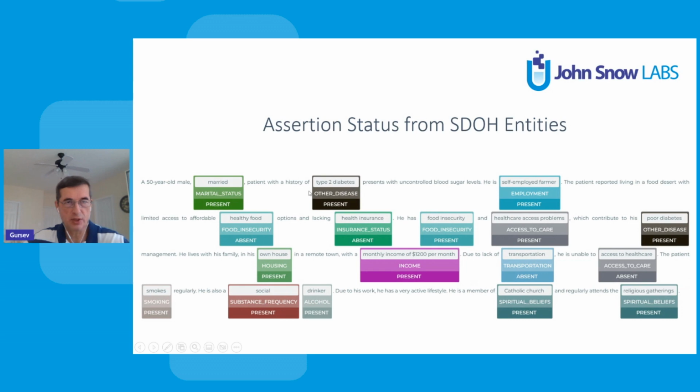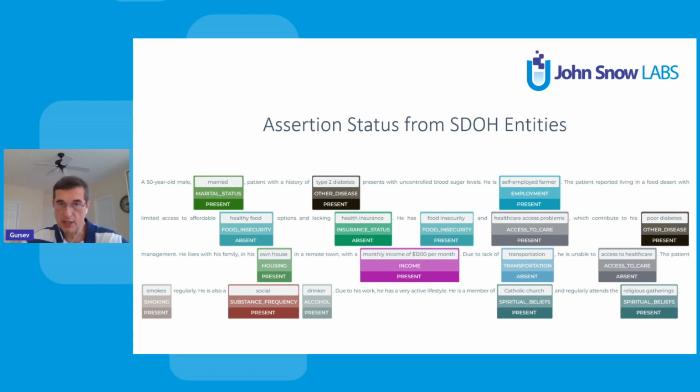And then comes the assertion model, and the second label is performed by the assertion model, which labeled it as present. So let's take a look at an absent one here. You see that this chunk or word, transportation, is extracted by the NER model and labeled as transportation, which is correct. But this time it was labeled as absent by the assertion model.